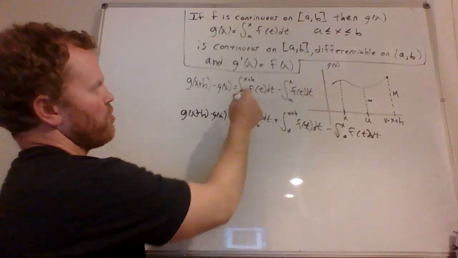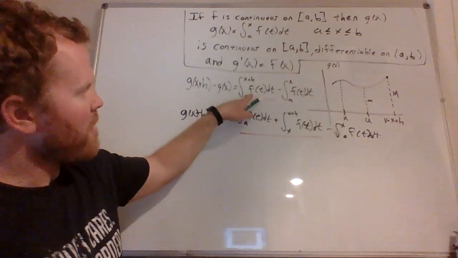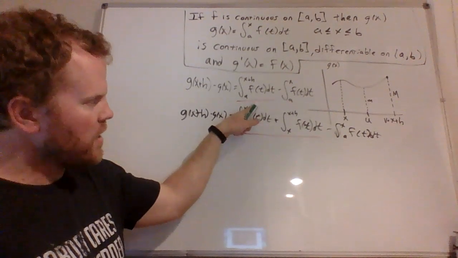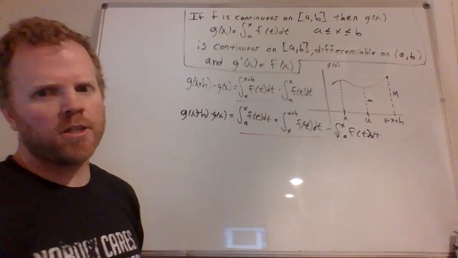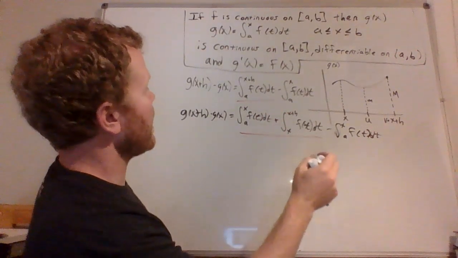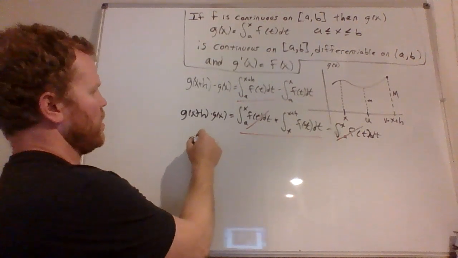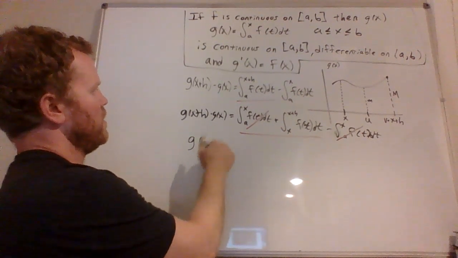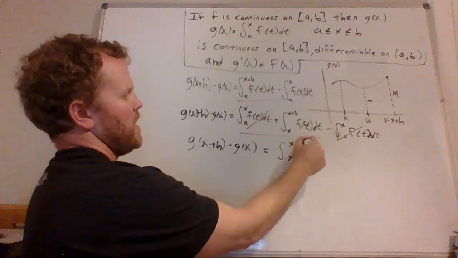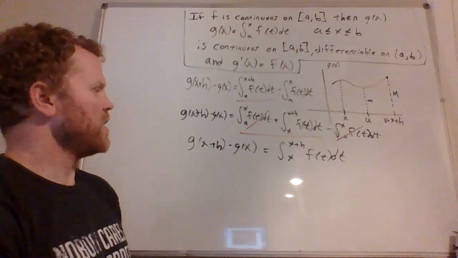So I'm breaking up this one integral into two separate integrals: going from a to x plus h, I'm splitting it up as starting at a, going to x, starting over at x, and then going to x plus h. Why am I doing that? So that I can cancel this one and this one. So essentially integrating from x to x plus h is good enough to figure out what g of x plus h minus g of x is.